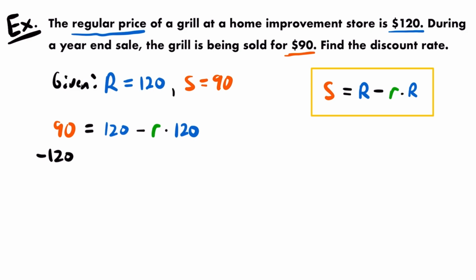Let's subtract 120, and 90 minus 120 is negative 30, and that will be equal to 0. Right, 120 minus 120 is 0, minus R times 120. Or if you move the 120 out front, what we get here is negative 120 times R, right? Negative 120 would be the coefficient of that variable R.